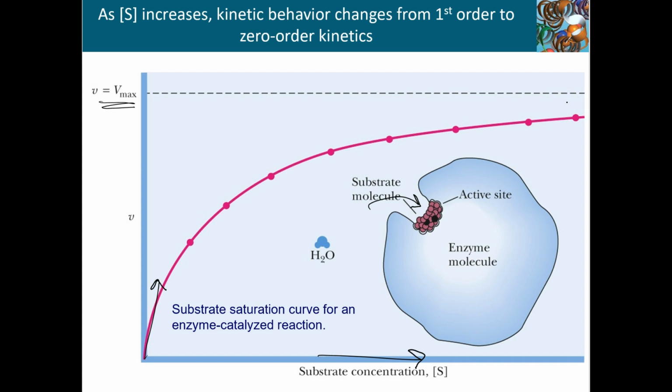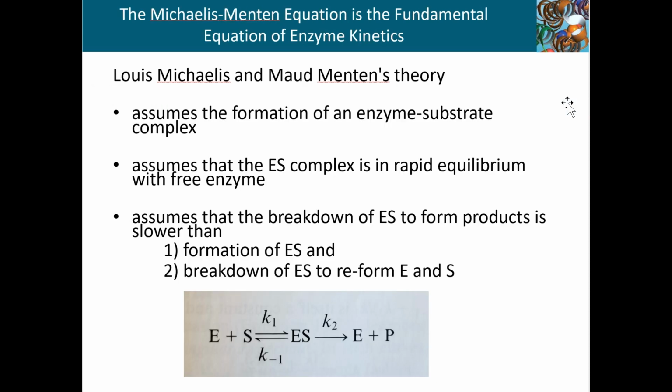It's not going to be linear like a unimolecular reaction. This is classic behavior of an enzyme-mediated reaction. So, let's explore this a little bit more. You guys have probably seen the Michaelis-Menten equation before, but we're going to spend some more time with it.